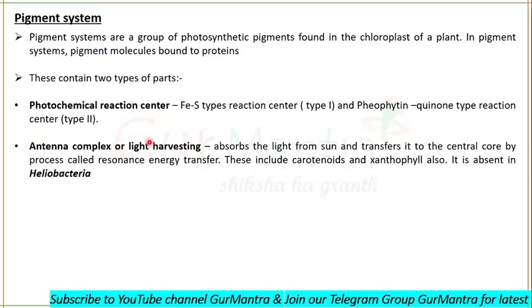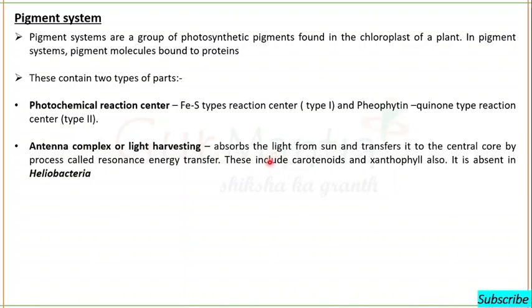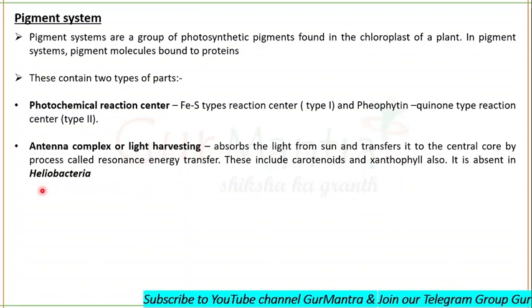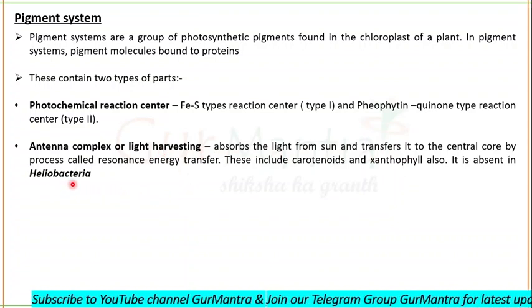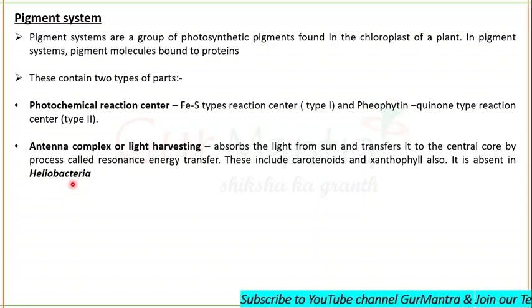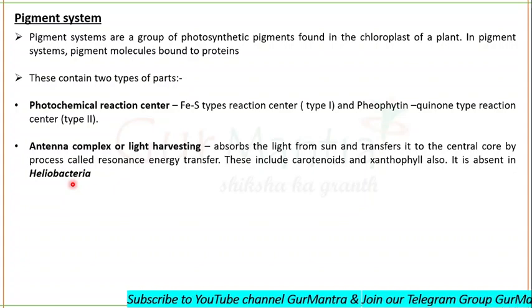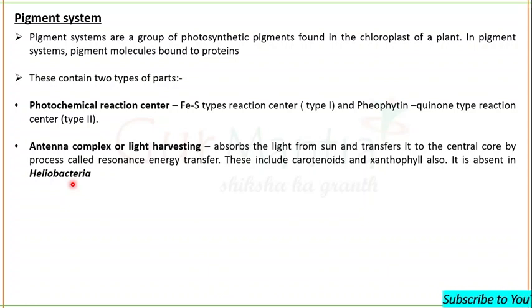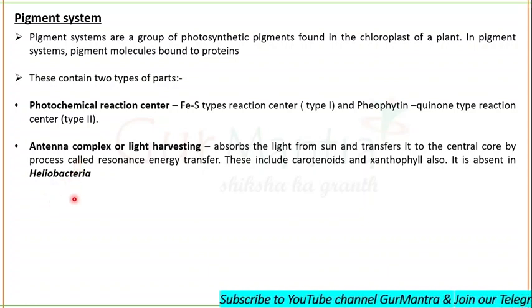These antenna molecules include carotenoids and xanthophyll, etc. But this antenna complex is absent in a photosynthetic bacteria called heliobacteria. All the bacteria which perform photosynthesis will have this antenna complex, but it is absent in heliobacteria.